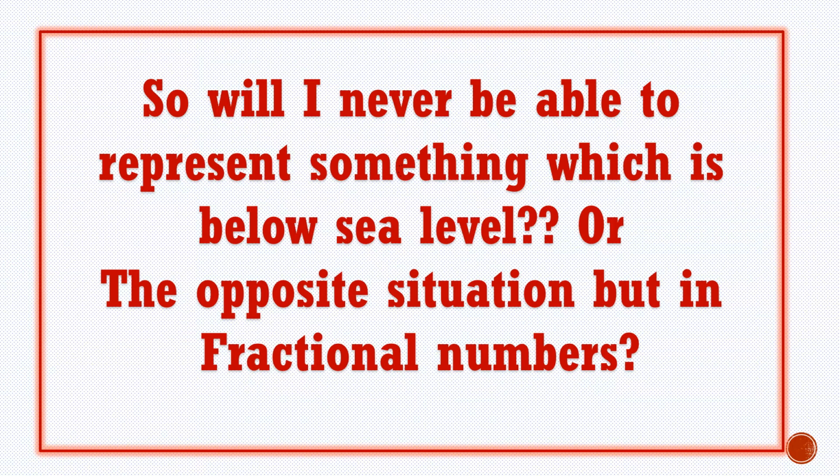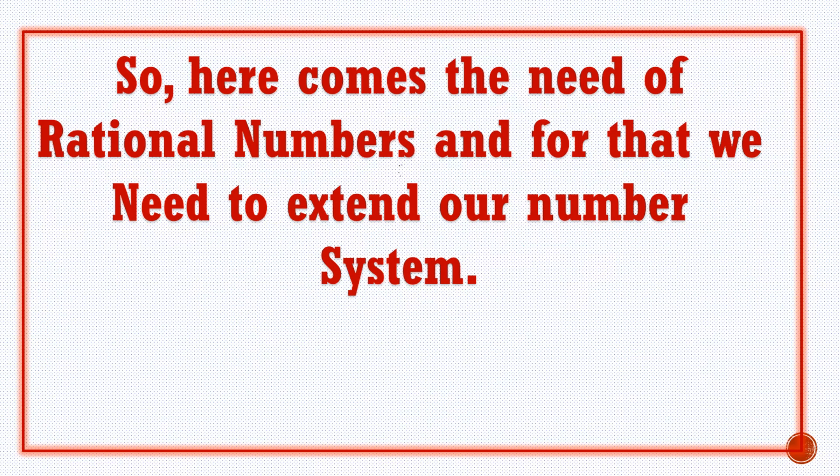Otherwise, though we have integers, if the opposite situation is in fractional numbers, then what will happen? So they felt that there is a need for rational numbers, and for that we need to extend our number system. So they found rational numbers.